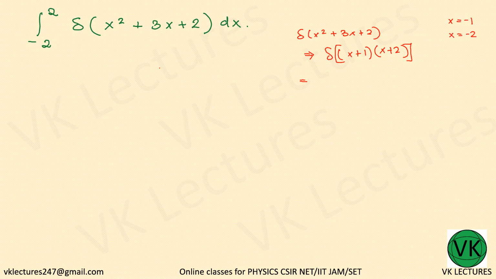So now you can find f dash of x will be equal to 2x plus 3. Now f dash of x at x equal to minus 1 will be equal to 1. Now f dash at x equal to minus 2 is minus 1. I hope that's fine.